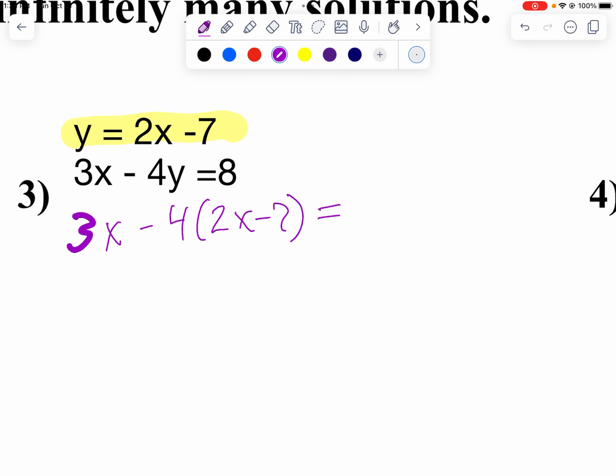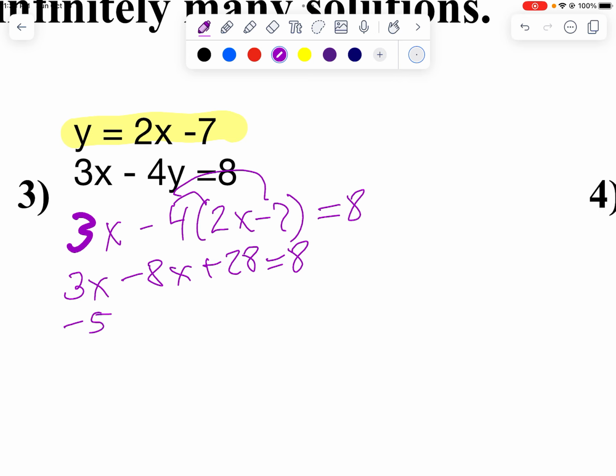That still equals 8. Well, now we're going to simplify. 3x, distribute your negative 4 inside, so minus 8x plus 28 equals 8. 3x minus 8x is negative 5x plus 28 equals 8.